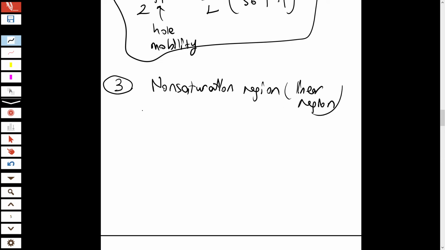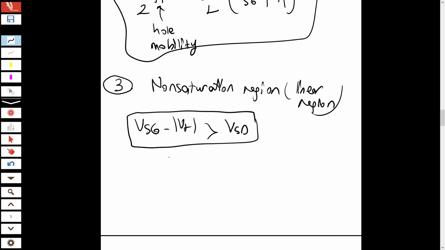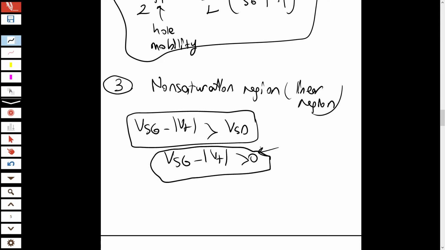V source G minus absolute value of V threshold is greater than V source drain. And also V source G minus absolute value of V threshold should be greater than 0. This is the condition for the transistor to be in non-saturation region.